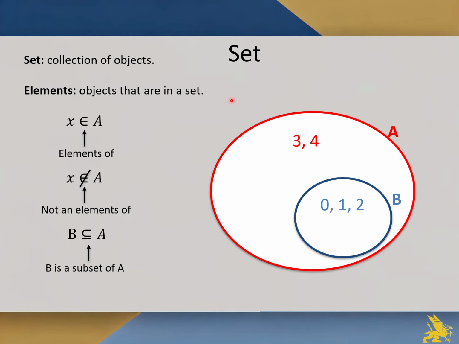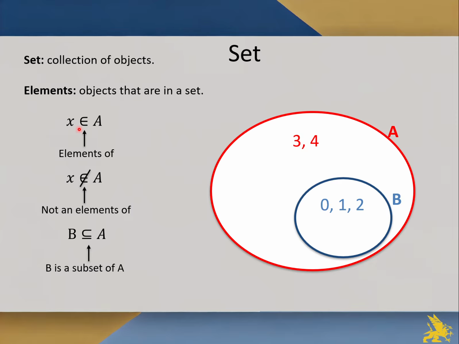So to start off with, we need to understand how things are written. A set is just a collection of objects, a collection of numbers. Its elements are objects that are in a set. So this symbol here refers to elements.